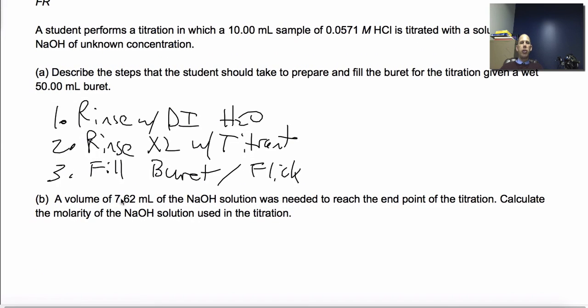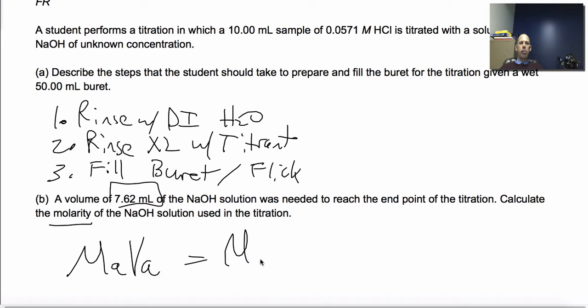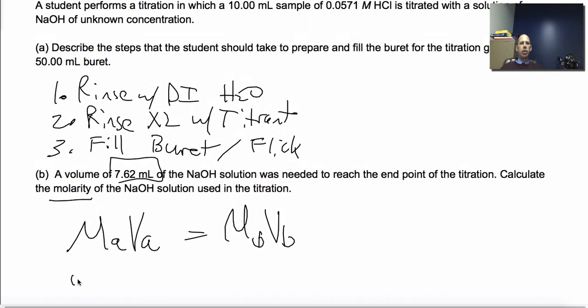Here, they're saying that the volume of the NaOH solution was needed to reach the endpoint. With that, they want you to know what the molarity of it is. So normally what we do is we don't know the molarity of the acid, but in this case we don't know the molarity of the base. It's the exact same calculation. So here you're going to say 0.0571.